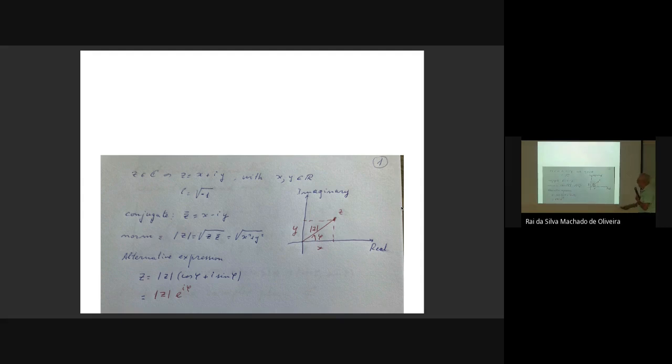And also we can put this expression in a more compact way, as this. We don't touch that, this is a real number. And instead of writing cosine phi plus i sine phi, we put the exponential of i phi. We can use either this expression or this or this. So the three are equivalent.